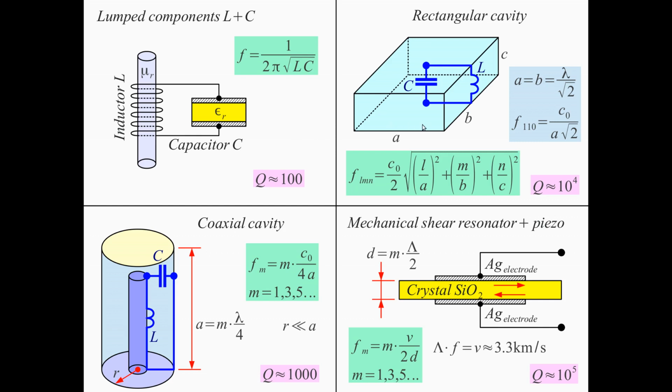We have much lower resistive losses in a rectangular cavity, but this rectangular cavity is much larger than the coaxial cavity. So this really comes at the cost of the size of this cavity. And the rectangular cavity also has, for instance for this mode of oscillation, a capacitance between the top and the bottom plates, the surfaces of this cavity, and the side walls represent the inductivity of this tuned circuit.